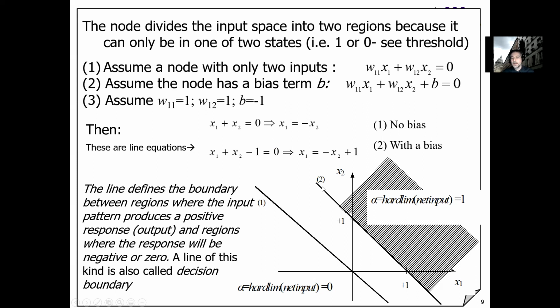In the second case, because there is a bias and the bias is -1, the line will cross the horizontal axis at the point +1, and then again it will divide the space into two regions. This region here is where the activation will be 1, and the rest of the space is going to be 0.